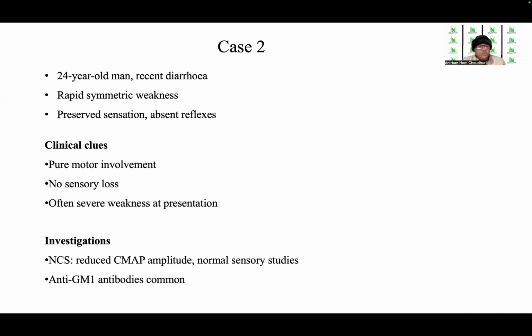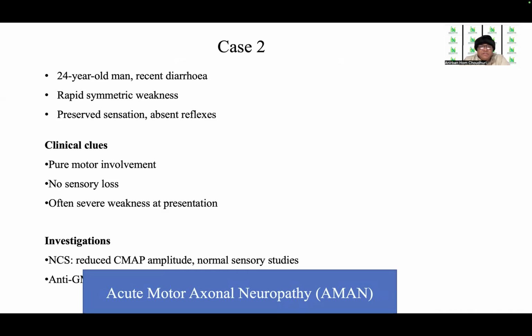The investigation shows on the NCS reduced CMAP amplitude with normal sensory studies. And if we can do an antibody profile, anti-GM1 antibodies are common. Now, this is the second variant, which we commonly call AMAN, or acute motor axonal neuropathy.